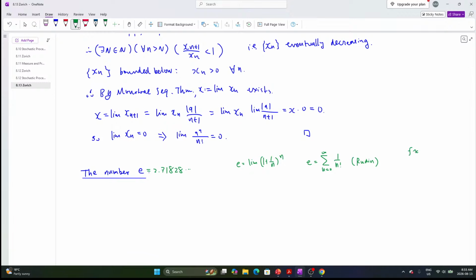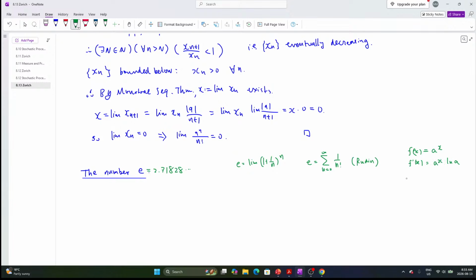Consider a general exponential function, f of x equals a to the x. We know from calculus that the derivative of f of x is a to the x times the natural log of a. So an exponential function has this property that its derivative is a multiple of itself.